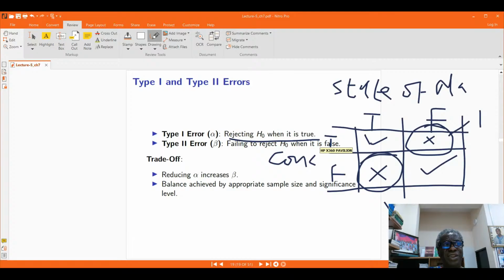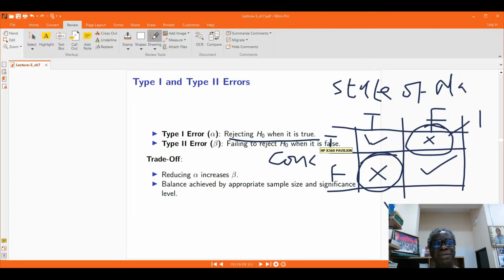While type 2 error is committed when you fail to reject the null hypothesis when it is false. That's the definition for now.